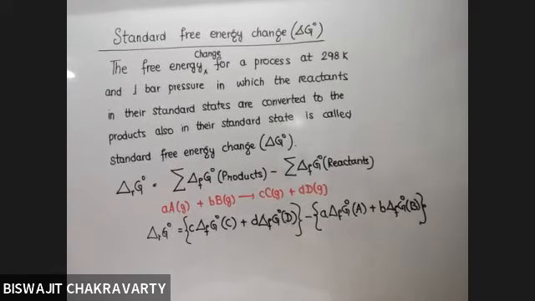Summation of the products minus summation of reactants, and don't forget to multiply the respective number of moles, because each and every reactant is important as it is an extensive property and depends upon amount of substance. Clear? Yes, sir. Okay. Can I proceed further with the numericals so that you can understand it better? Yes, sir. Okay.